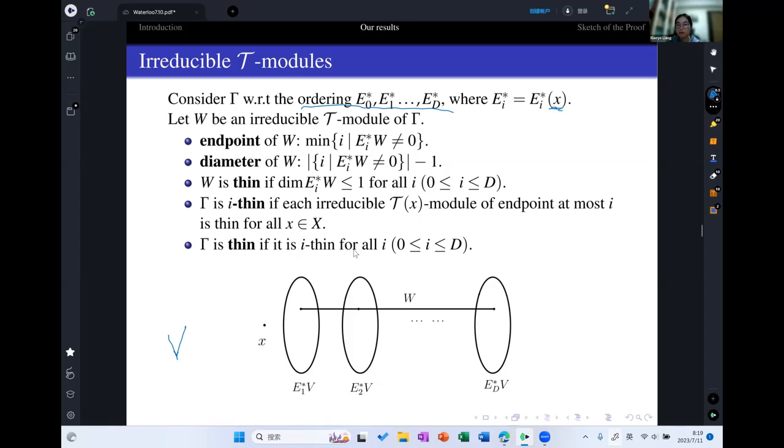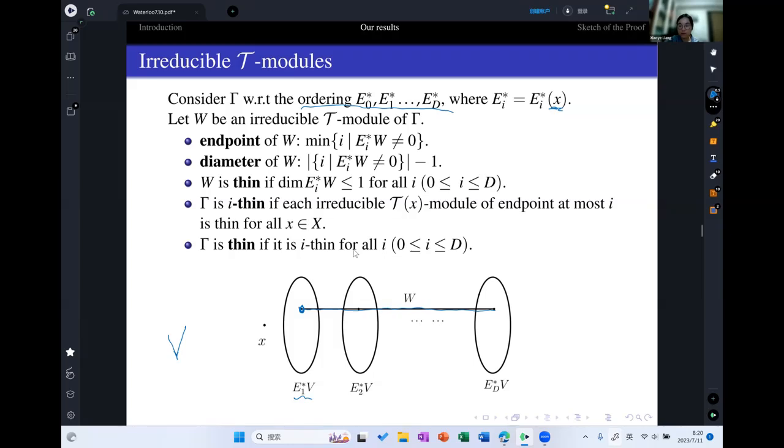And here we have an irreducible T-module W. Here we see this one. One is the minimum i such that Ei star W is non-zero. So for this irreducible T-module W, the endpoint is 1.